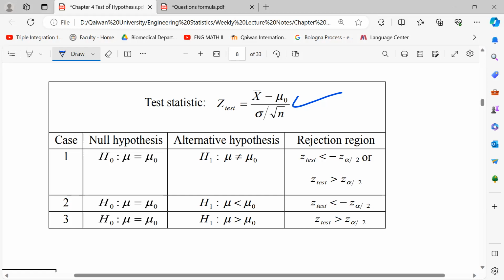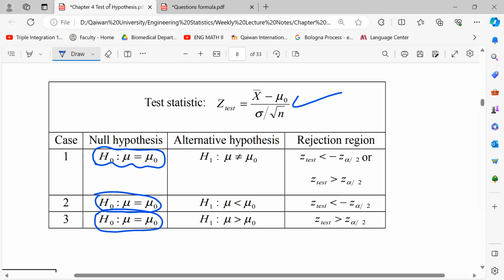In all of the topics here, we have three cases at each. For the null hypothesis, we always say mu equals mu naught. This is for H naught.